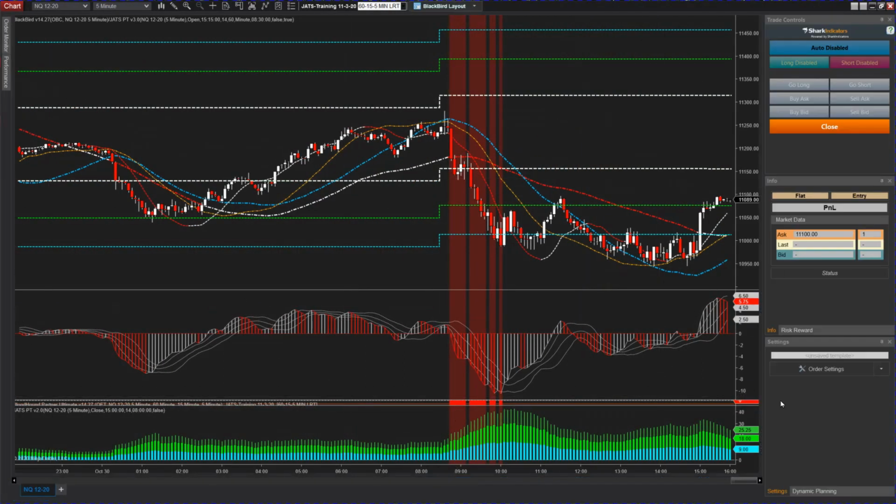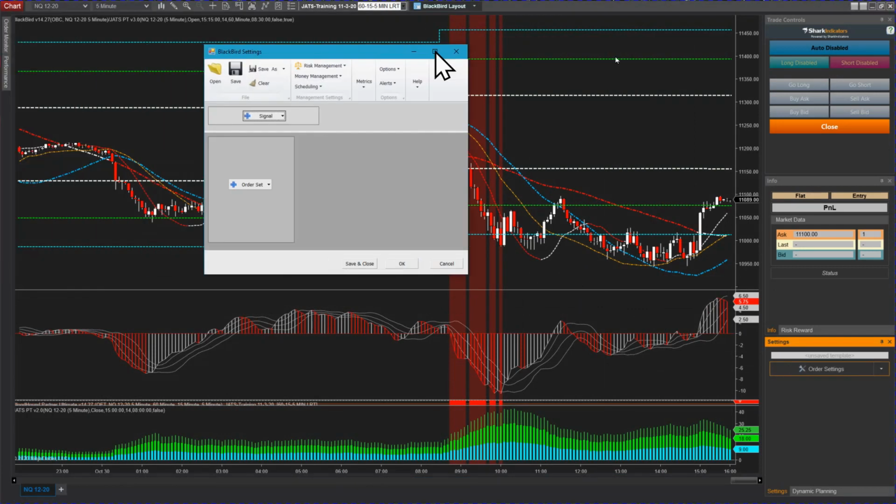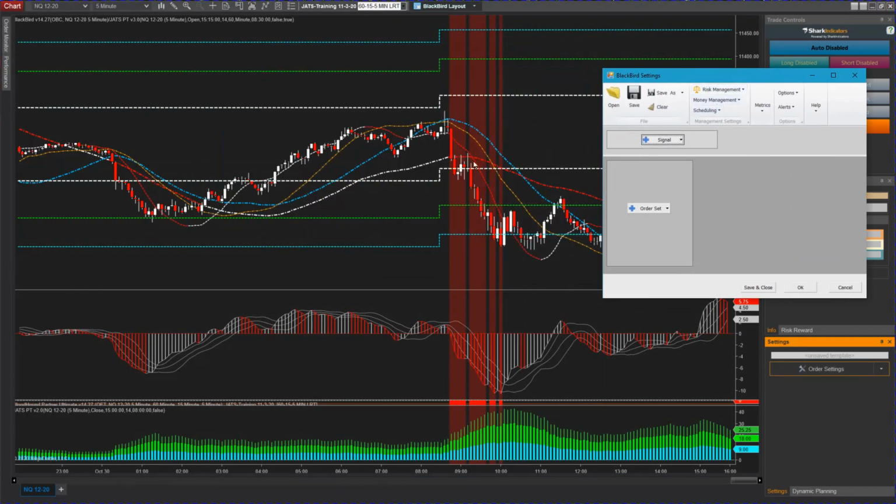So what you want to do is click your order settings button, and so say you had a chart template 60 15 5-minute LRT. You can put that in as a bloodhound signal.